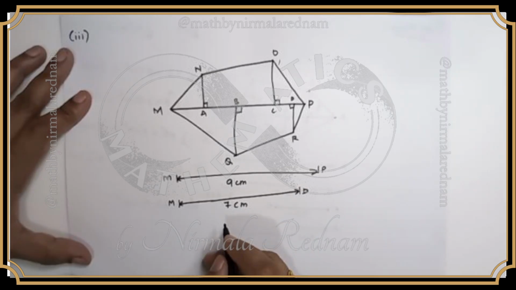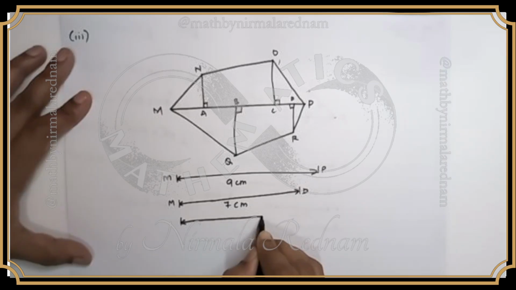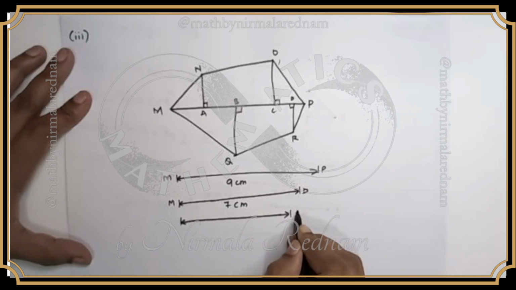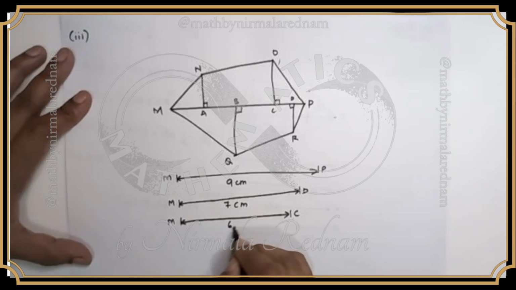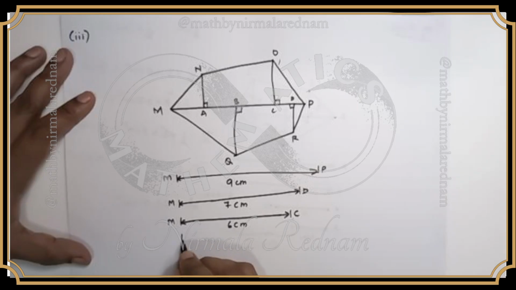And then I have MC as 6 centimeters. And then I have MB as 4 centimeters. And then I have MA is 2 centimeters.